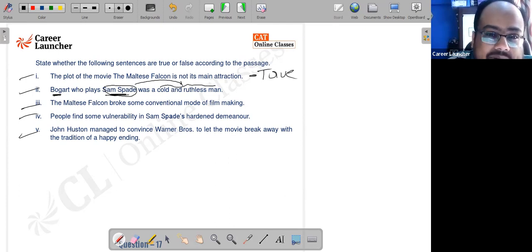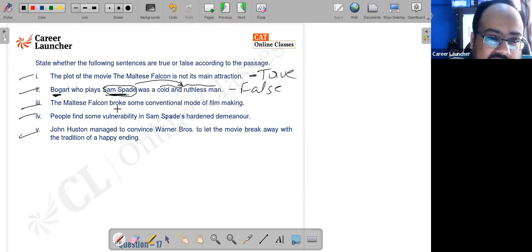Sam Spade is a character, and that character was cold and ruthless. The person who played that character, I cannot say that he was cold and ruthless. It was the character that was cold and ruthless. So the second one is false because I have to choose between true and false.